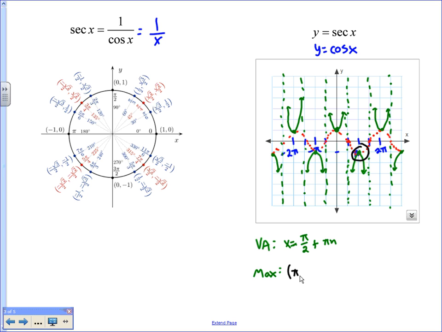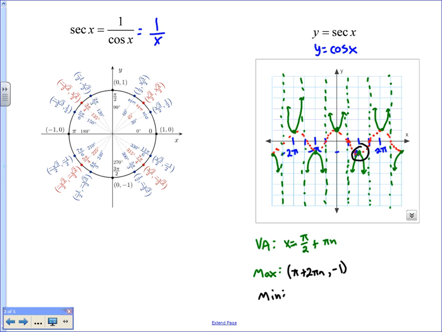But if I wanted to say what all of my maxes are, well, let's think about how far apart our maxes are. How far apart is this max and this max? That should be 2 pi because that's our period. So pi plus 2 pi n, comma, -1 is where all of our maximums are for this graph.